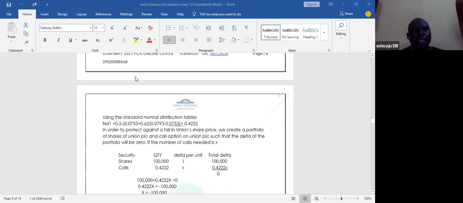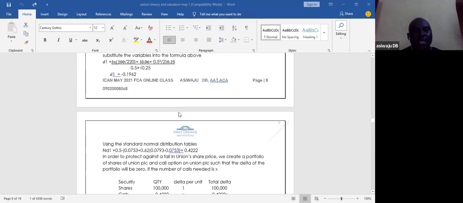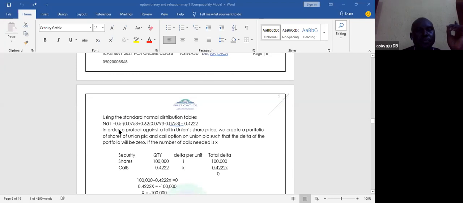Now, once you compute your D1, the next task is to compute your ND1. You recall what I said, where you have your D1 to be negative, immediately you introduce 0.5 minus.